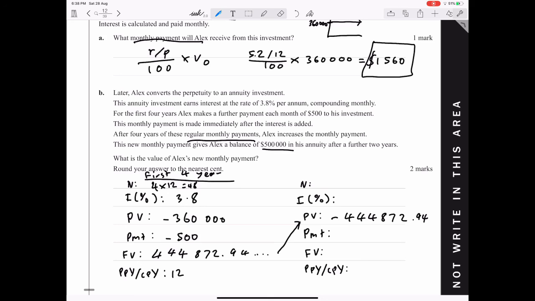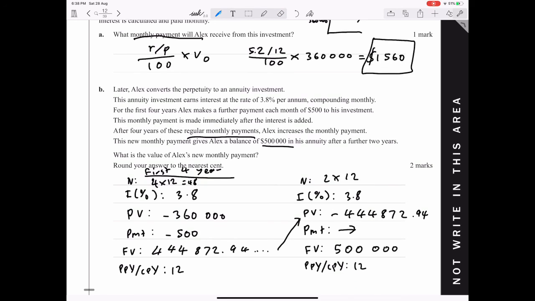We know the new monthly payment gives Alex a balance of $500,000 in a further 2 years, so 2 times 12, which is 24 months. And we know that the interest rate is still 3.8% per annum, compounding monthly, and we've got to find the payment.